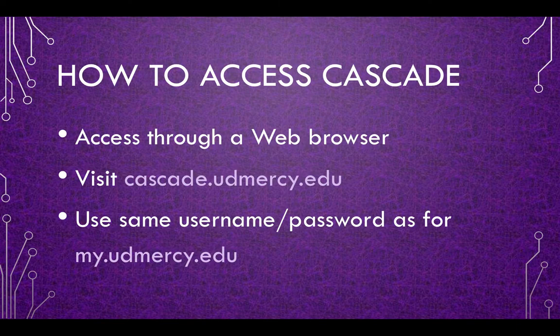That's the username and password you're going to use to get into Cascade. Parenthetically, this is not necessarily the same username and password you might use for the Microsoft Outlook email that we also have. You want to use the username and password for the my.udmercy.edu portal.